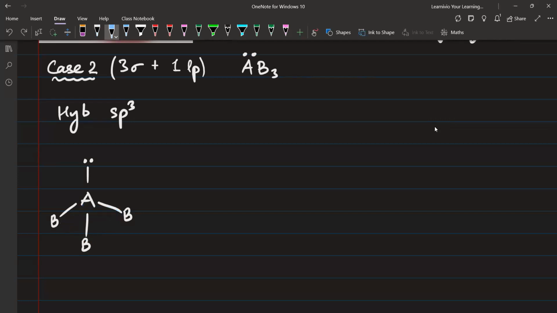So the electronic geometry: where are the electrons? The electrons are still at the tetrahedral positions. When you look at the electronic geometry, you have to look at where the electrons are. The electrons are here, here, here, and here. Same. Electronic geometry is still tetrahedral.